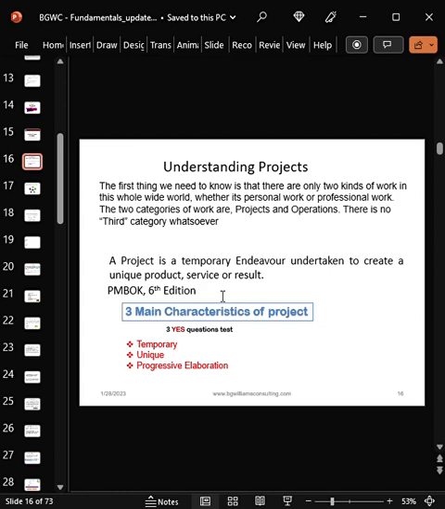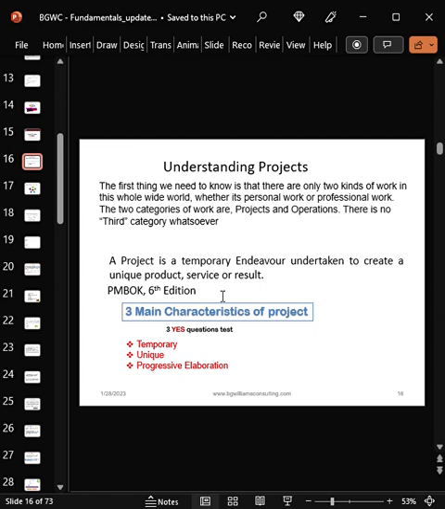It's not that because it's temporary, we're going to have a short duration. No, it actually means the time the project will start and the time it will finish. So from this definition, we can bring out three characteristics of a project.